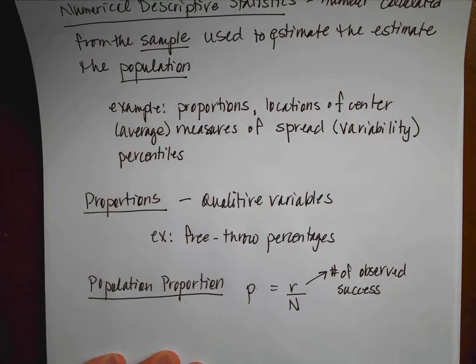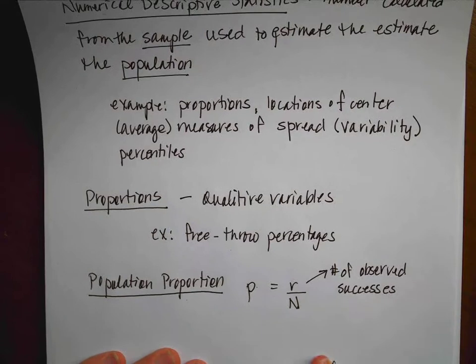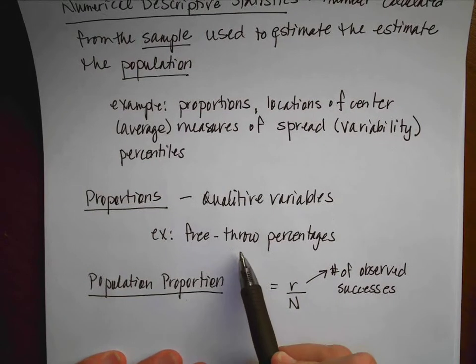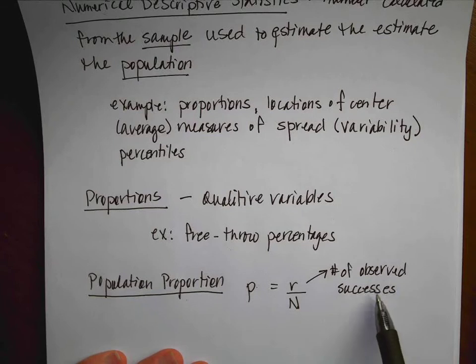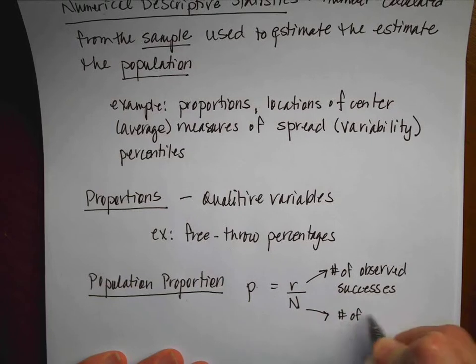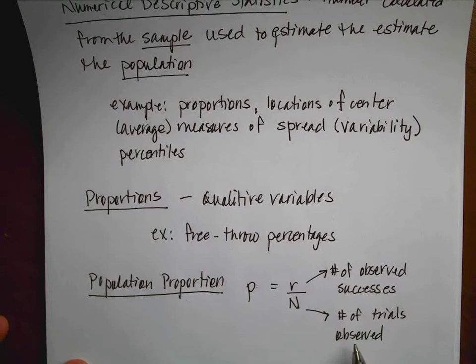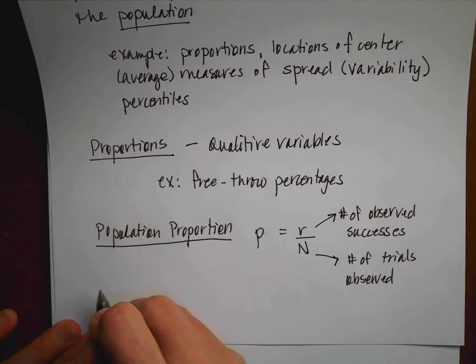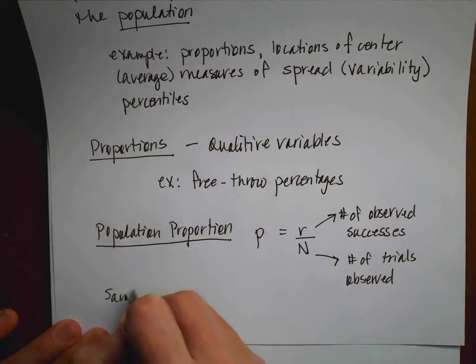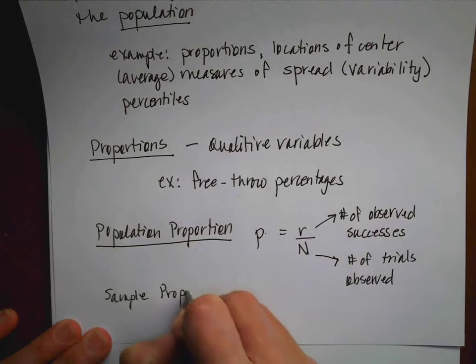So if you have a statistician sitting on the sidelines in a basketball game, they are marking down every time you walk up to the line, and then they are recording your number of successes. Okay, and then N is going to be the number of trials that are observed. So this would be the total number of times that you walked up to the line to shoot a free throw.